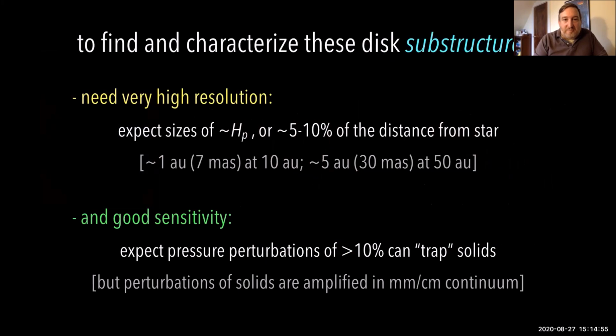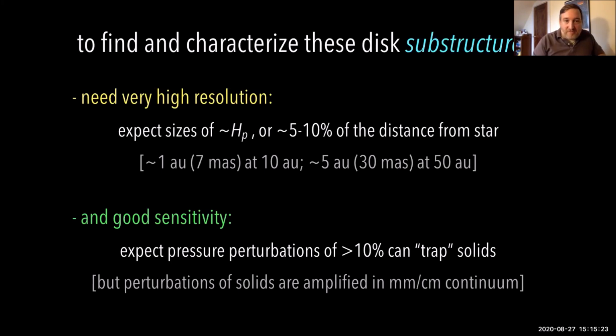So in order to find these things, we think we need very high resolution. I can tell you, you do need very high resolution. And the reason is that you expect that the gas pressure perturbations are really only stable when they're at sizes of about the pressure scale height, the gas pressure scale height. And for typical disk temperatures, we think that's of order 5 or 10% of the distance from the star.